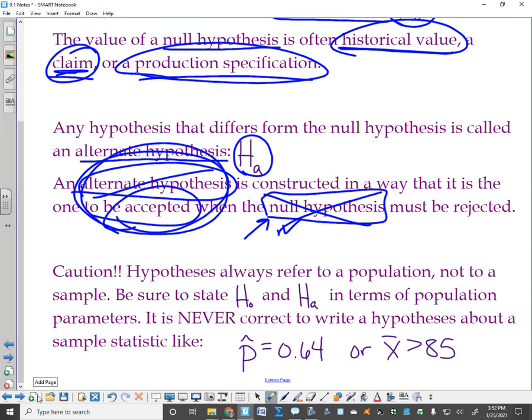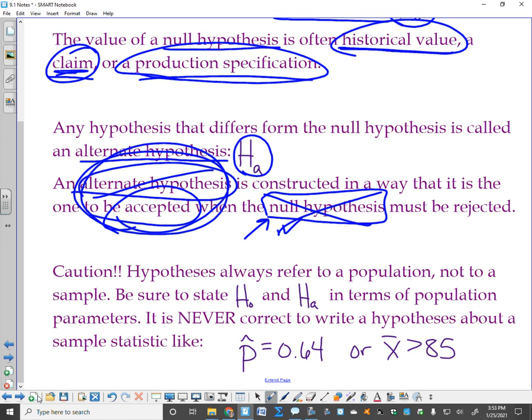Caution. Hypotheses always refer to a population, not a sample. Whew, I'm going to say that again because we're not super awesome at our notation. So let's be crystal clear here. Hypotheses, your null or your alternate, will always refer to a population, not to a sample.